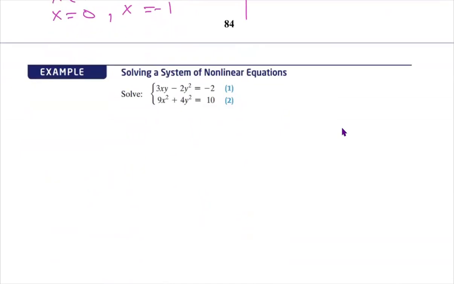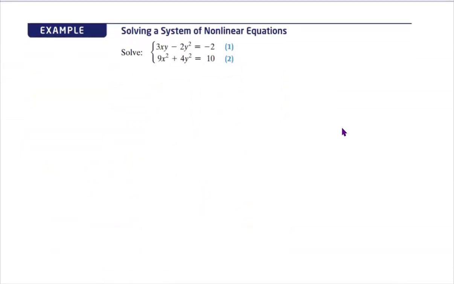And the next problem here, we will not bother solving it by graphing because we don't really need to, because I wasn't intended to ask you to solve by graphing anyway. So let's go ahead and solve it by substitution and elimination.